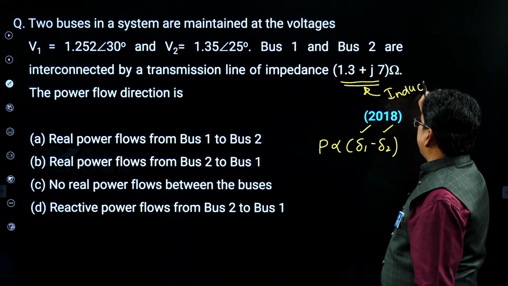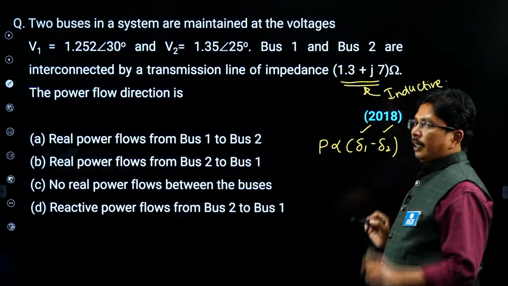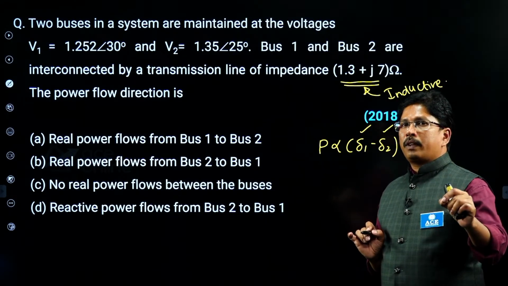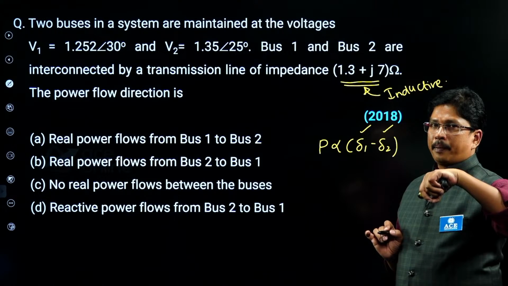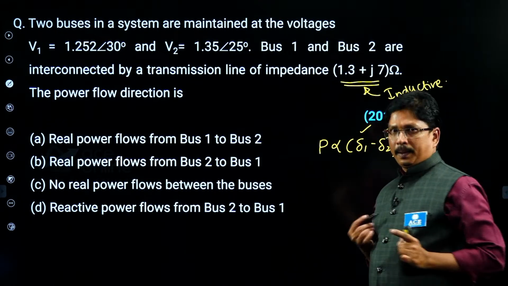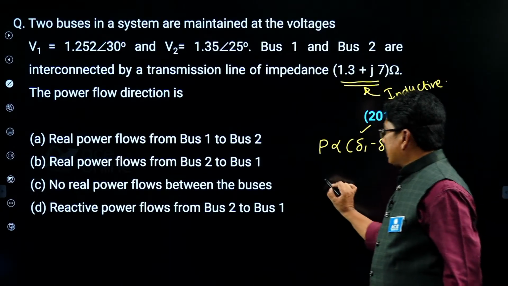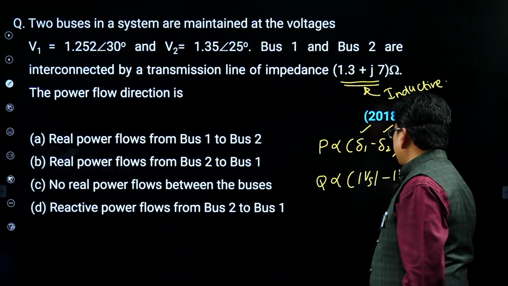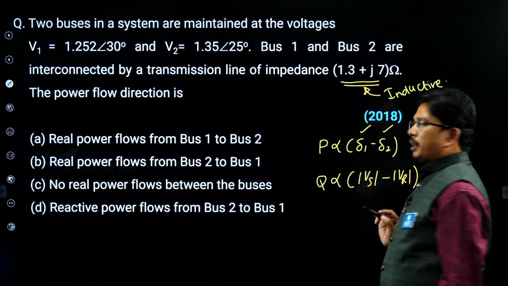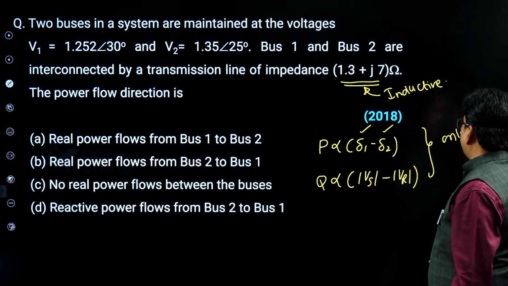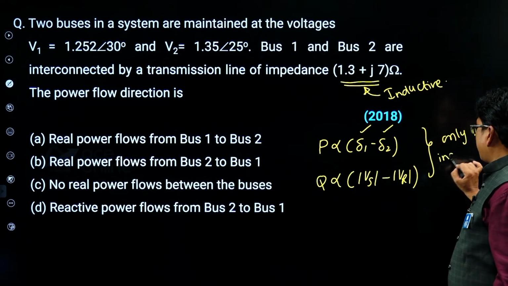In an inductive network, active power always flows from high delta to low delta, meaning high voltage phase angle to low voltage phase angle. Reactive power always flows from high voltage magnitude to low voltage magnitude only in an inductive network.